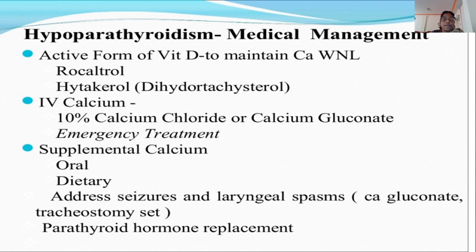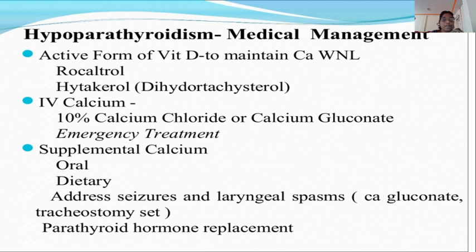Oral calcium and dietary calcium address seizures and laryngeal spasms. If the person has laryngeal spasms, calcium gluconate and tracheostomy are important. The patient may need tracheostomy because the complication of hypoparathyroidism is tetany, and because of tetany there is laryngeal spasm.